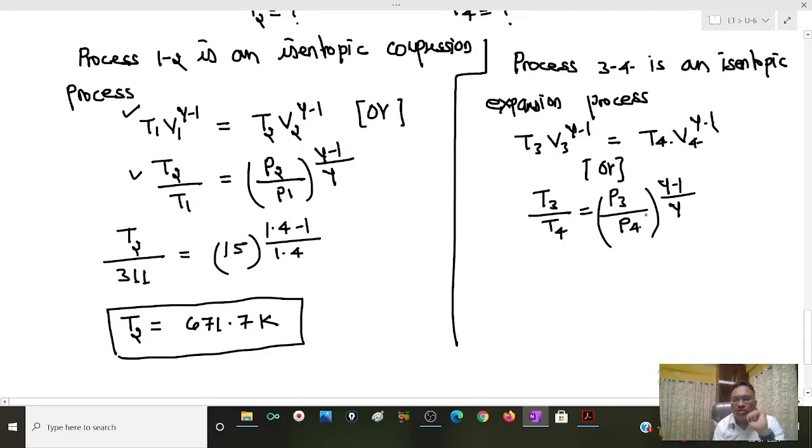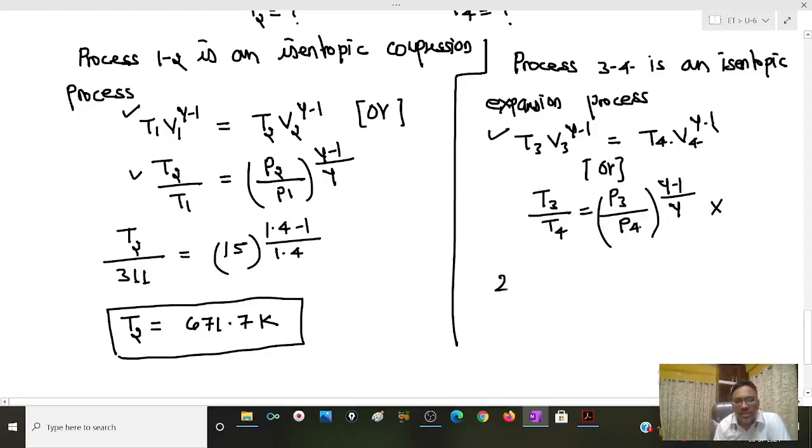Now I don't know the value of this P3 by P4, I don't know this pressure value, so I cannot use this relationship.